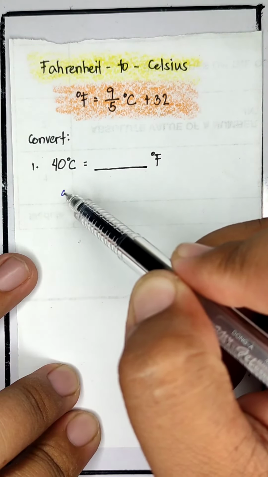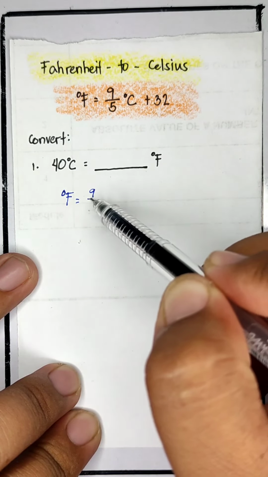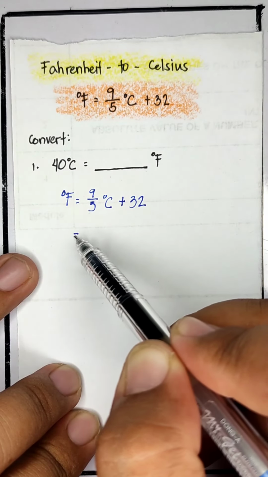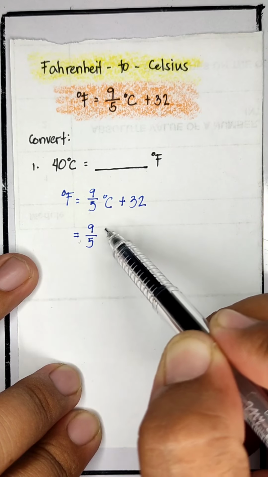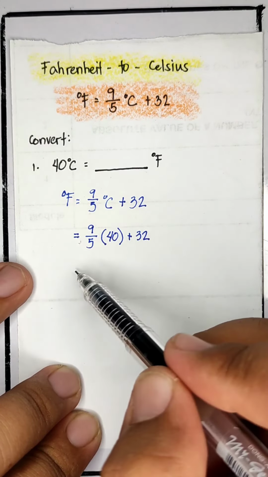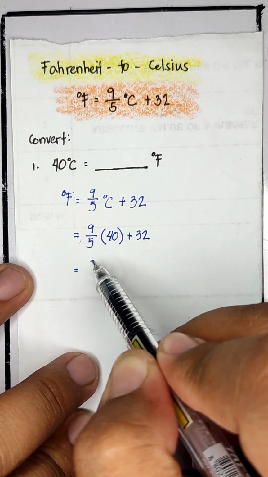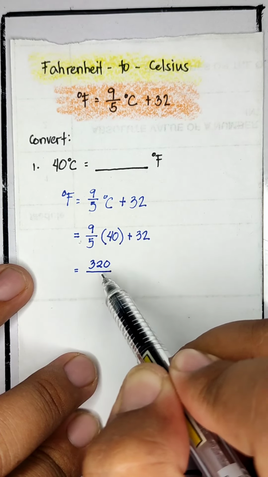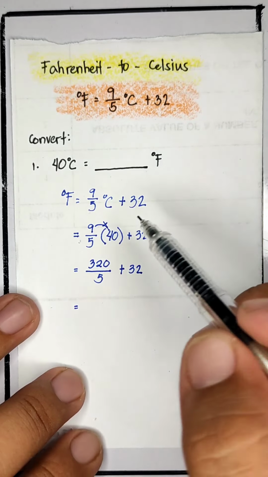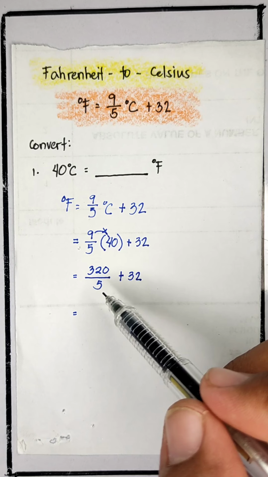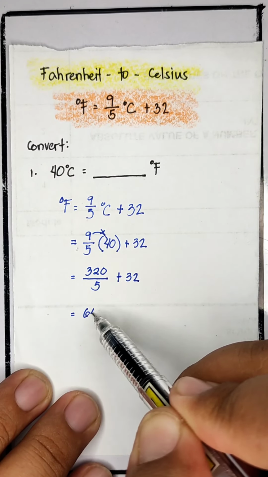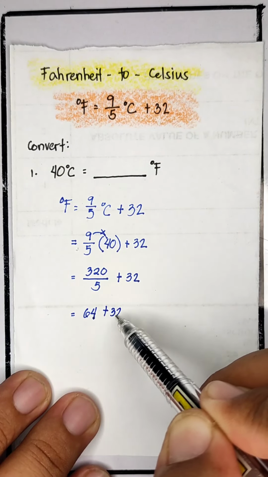Using the formula, degree Fahrenheit is 9/5 times 40 plus 32. 9 times 40 is 360, over 5, then plus 32. 320 divided by 5 is 64, plus 32.